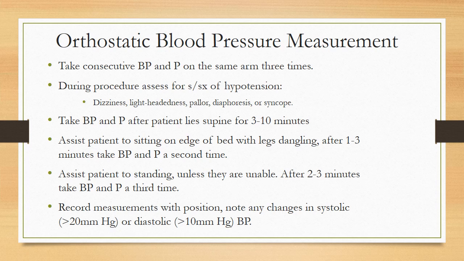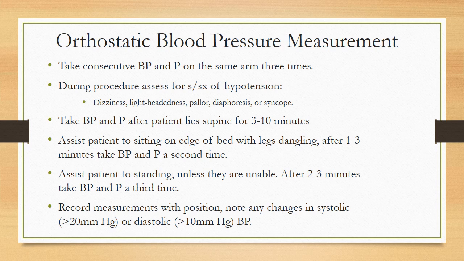So usually in orthostatic, you're going to record it, lying 120/80, sitting 118/55, and standing 105/62. And you'd worry because these are big changes, and the pulse you're going to record as well. So any changes in systolic or diastolic blood pressure, that's something to look out for.